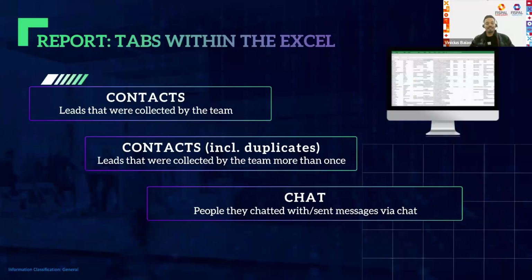So when you download the Excel spreadsheet, what's coming in it? It's going to be an Excel spreadsheet with three tabs. The tab contacts has the leads that were collected by your team. The tab contacts including duplicates has the leads that were collected by the team more than once. As an example, we are at the same booth.